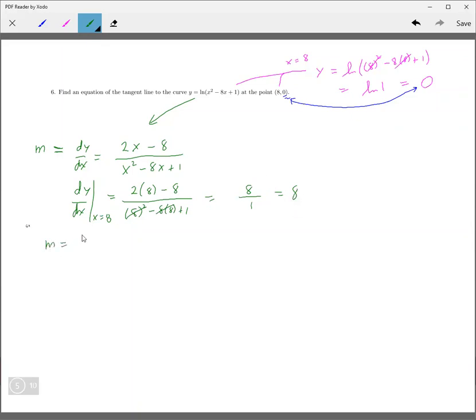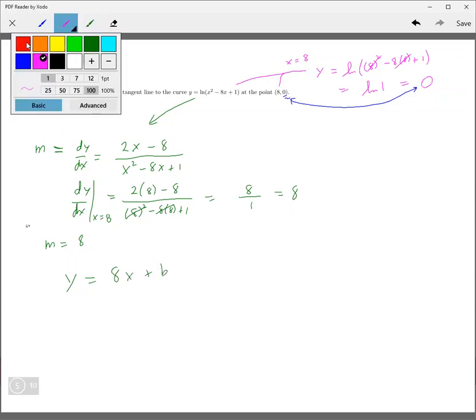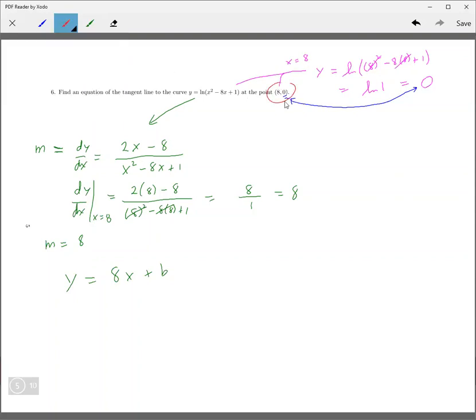That means the slope is 8, which means that we have y equals 8x plus b. But then we have this point right here, x equals 8, y equals 0. We want to plug those in. I'm going to plug those values in. Everything else is the same.